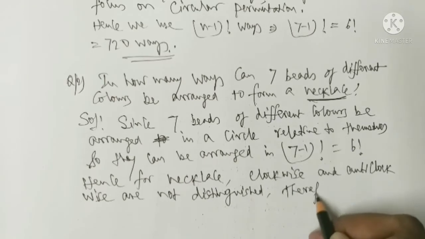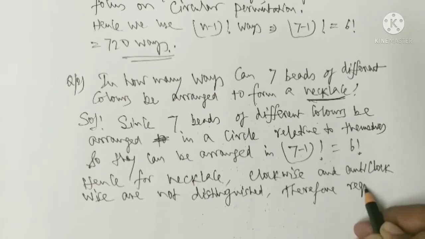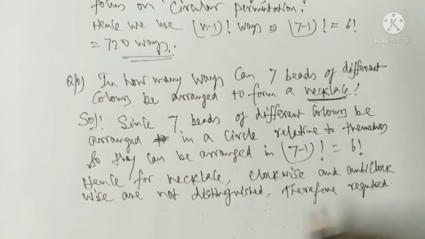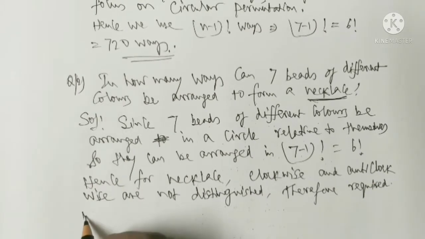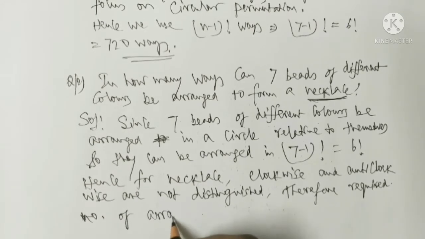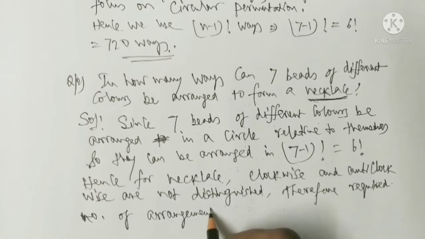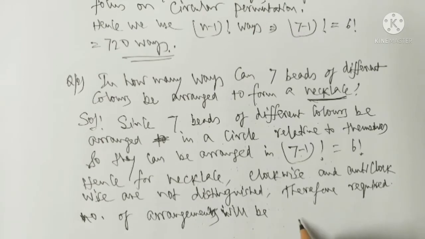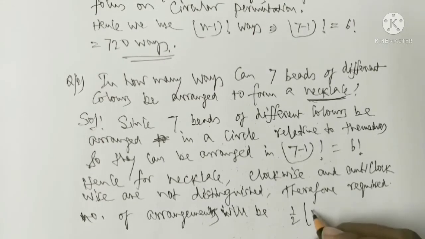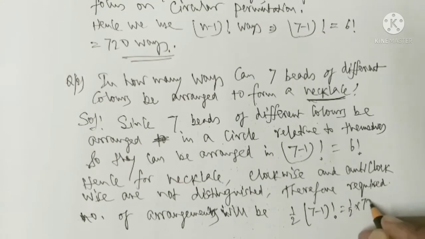Therefore, required number of arrangements will be half n minus 1 factorial, that is half into 720, that is 360. This is our answer.